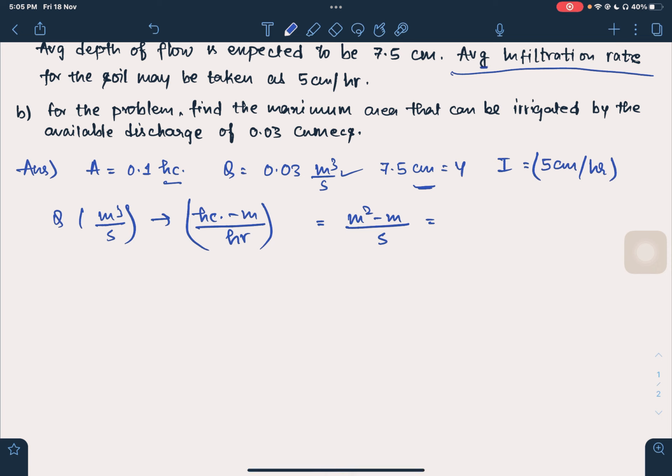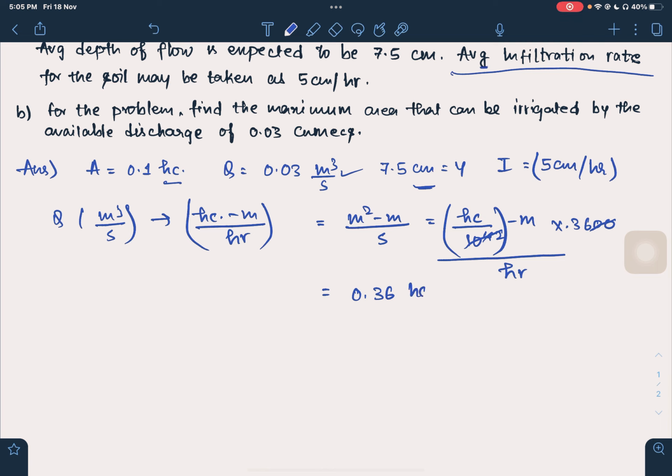That can again be written as hectare upon 10 to the power 4 meter per second, multiplied by 3600. So we can say 0.36 hectare meter per hour is the unit of Q.